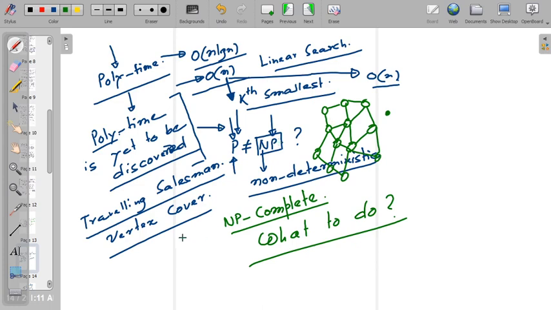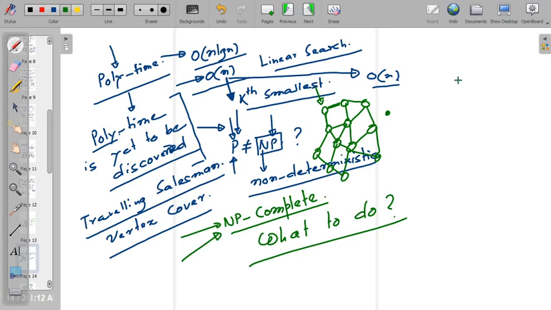For any general graph, vertex cover is NP complete. But maybe if we restrict the graph so that each vertex has only two edges exiting from it, then maybe we can find a polytime algorithm for the NP complete vertex cover problem.